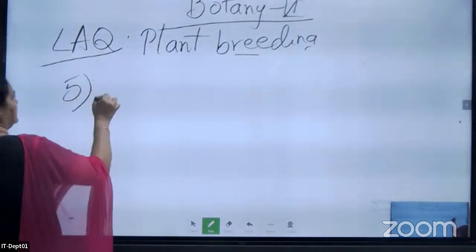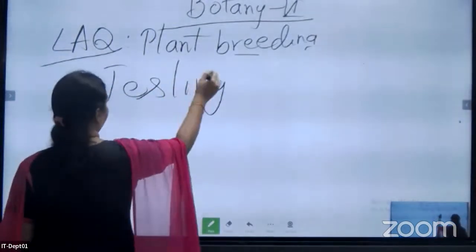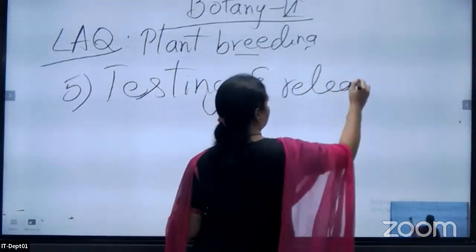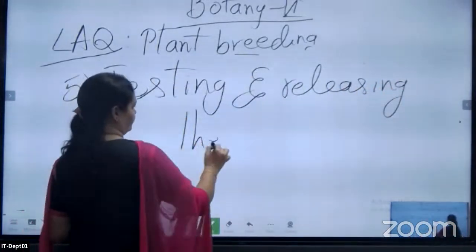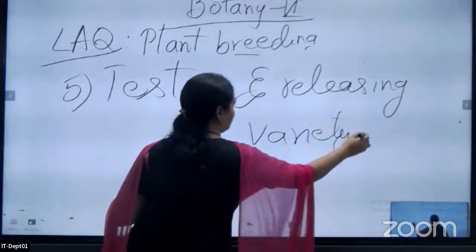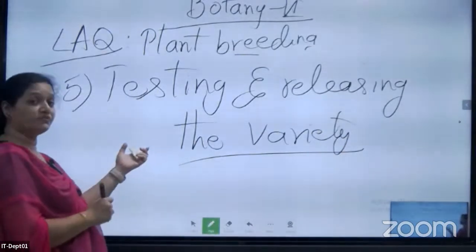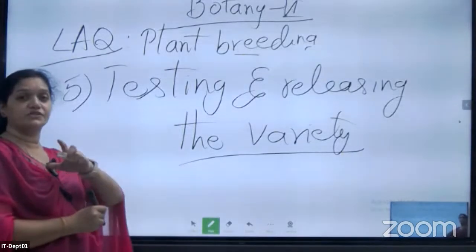The fifth step is testing and releasing the variety. That is the fifth step. What is the meaning of this step? In general also we can say, and we can say according to this plant breeding process also.